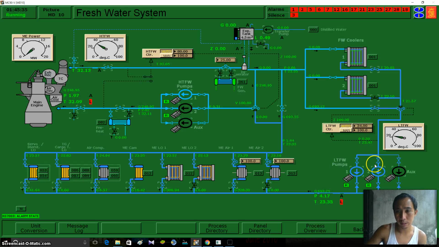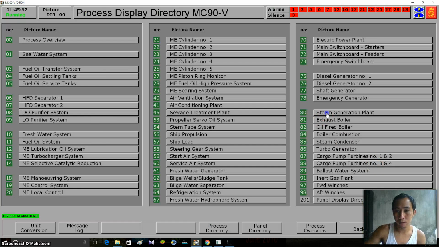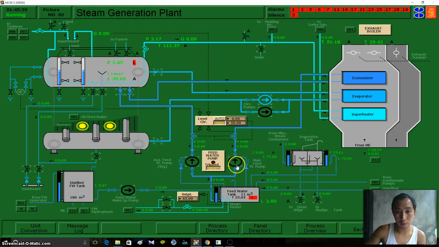Okay, it's automatic, no problem. Steam generation plant. Again, we're going to start our feed water pump. And we'll be putting it to auto.